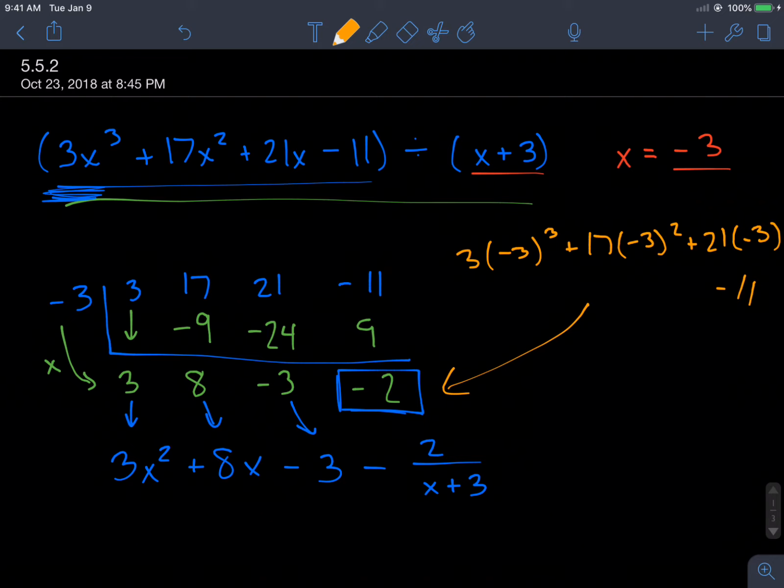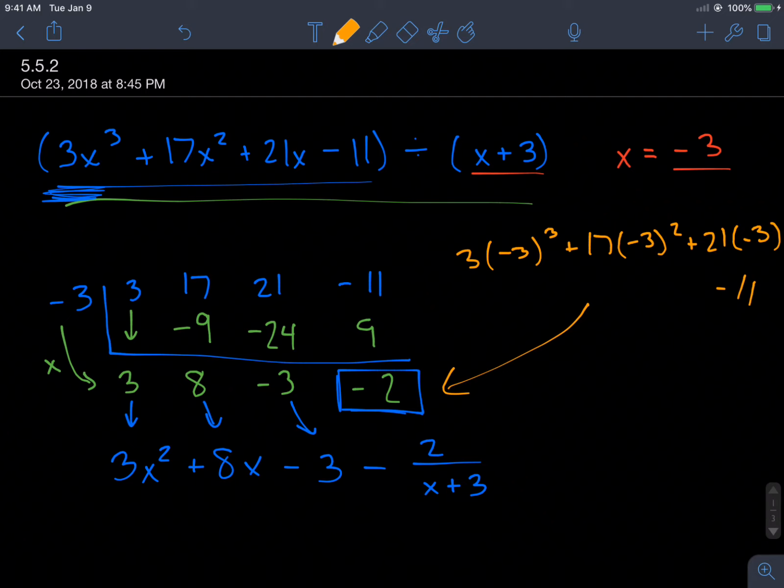So this is called synthetic division, but it's also called synthetic substitution because we could use this to evaluate a polynomial like we did in section 2. So we could also use this to plug things in and see what we get.